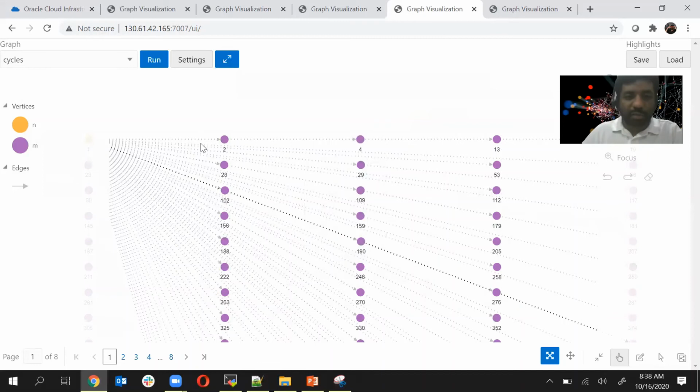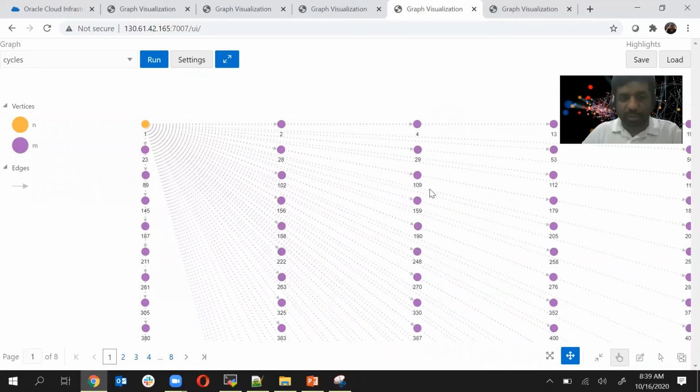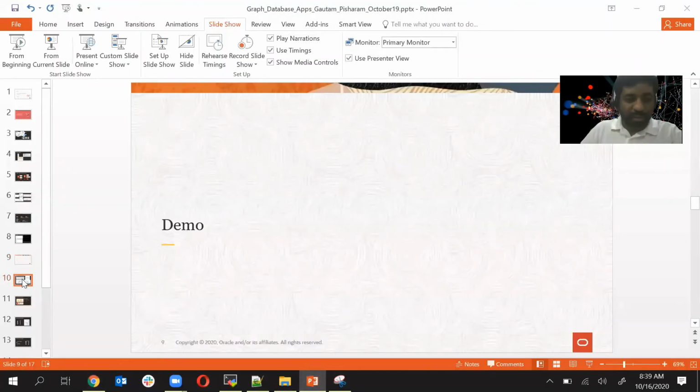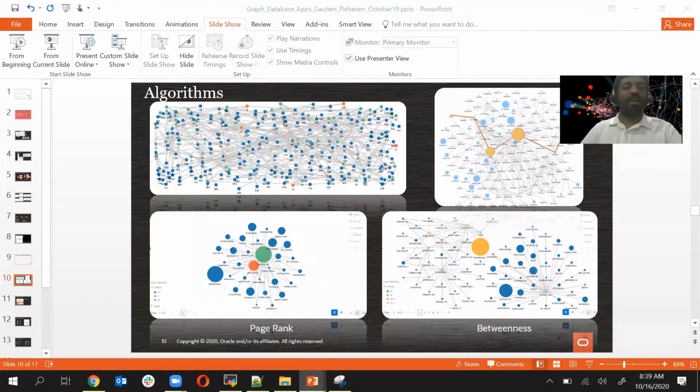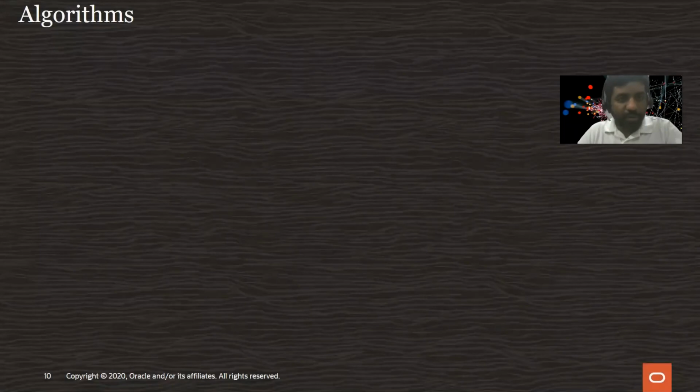In a grid visualization, you can easily identify the connection between the different 6 nodes in a different way. So it gives an easy way of identifying this. So this was an example of leveraging the programmable graph language to write queries.